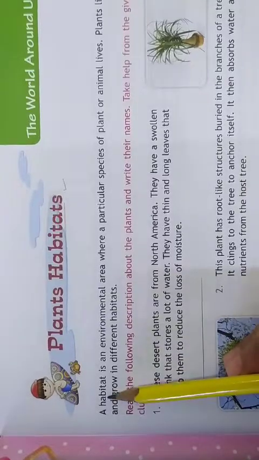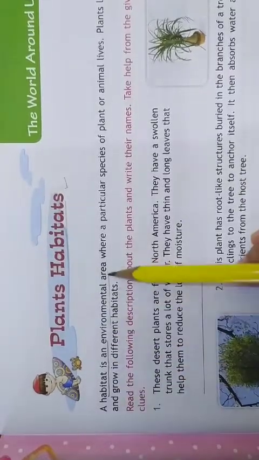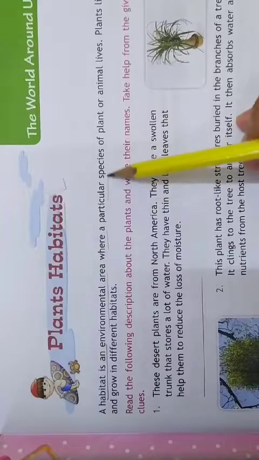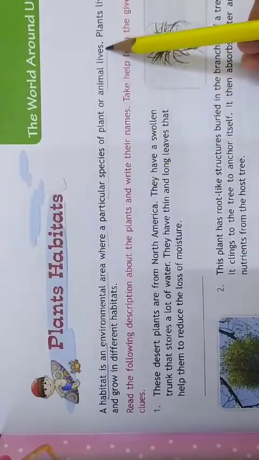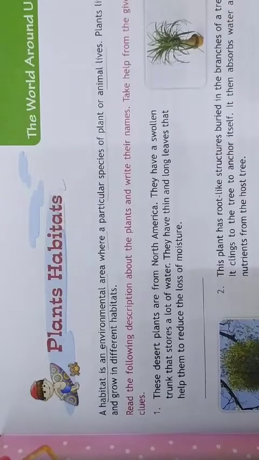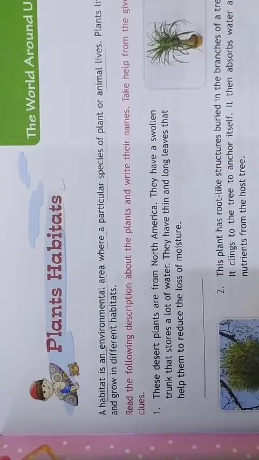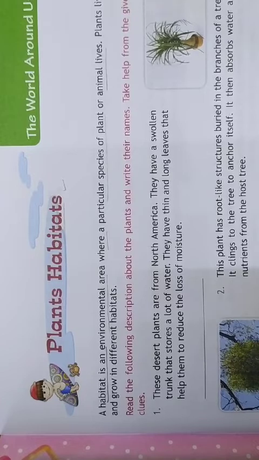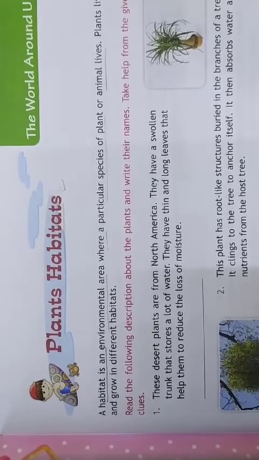You can underline from here: a habitat is an environmental area where a particular species of plant or animal lives. For example, for a tiger, forest will be the habitat. For fishes, water, maybe sea water, marine water, or pond water, fresh water can be the habitat.